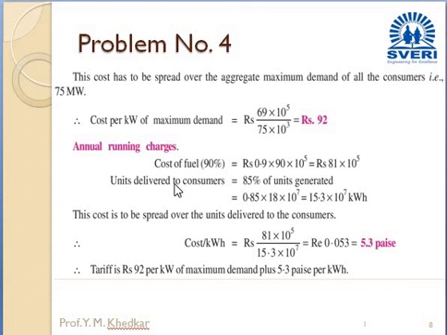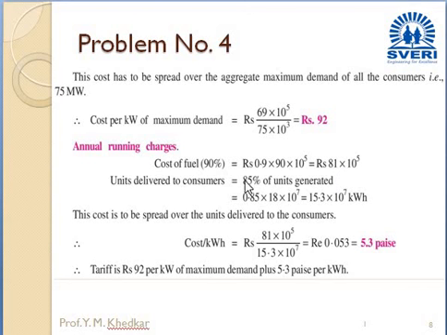In running charges we will have to consider cost of fuel 90%, means 0.9 multiplied by 90 into 10 raised to 5, 10 raised to 5 means lakhs. So it will be 81 lakh rupees we are investing in the cost of fuel.